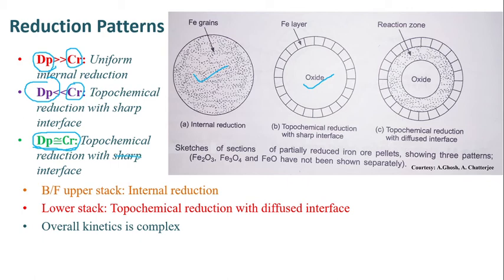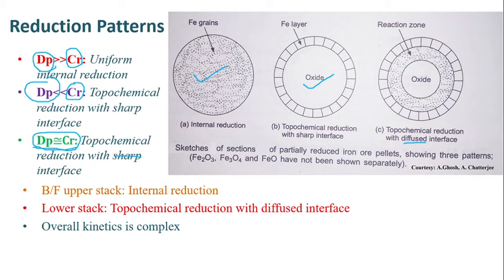The interface will not be sharp like the topochemical reduction, but is a diffused interface where the surface of FeO and the surface of metallic iron we cannot decide like a layer. It is an area or a range where we can find all these things.